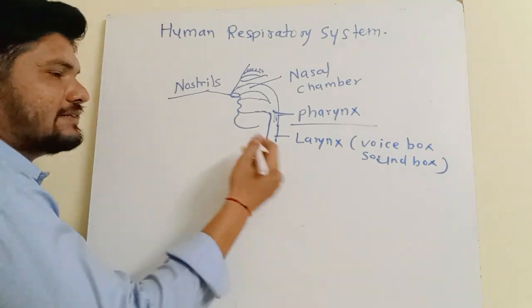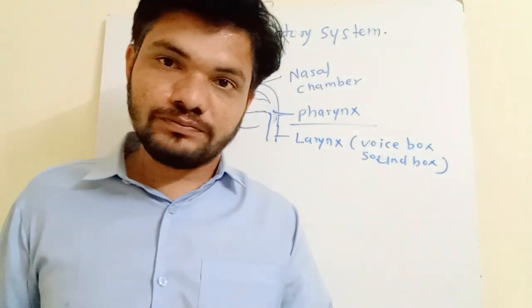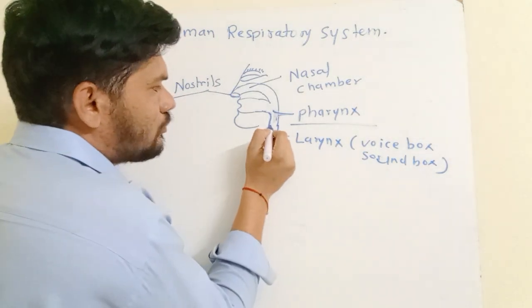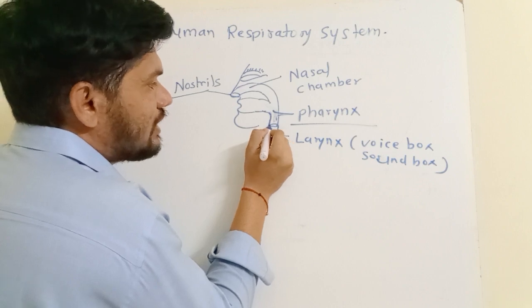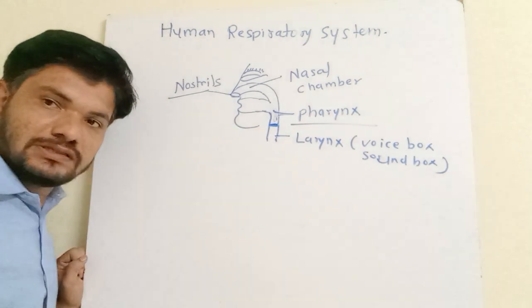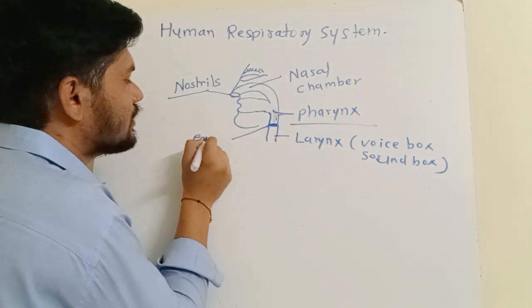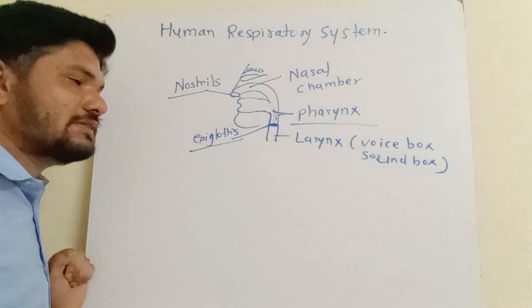Larynx has vocal cords, and vocal cords vibrate to produce sound. The upper portion of the larynx is the glottis, which is covered by a cartilaginous flap or cover called epiglottis. So what happens, guys?